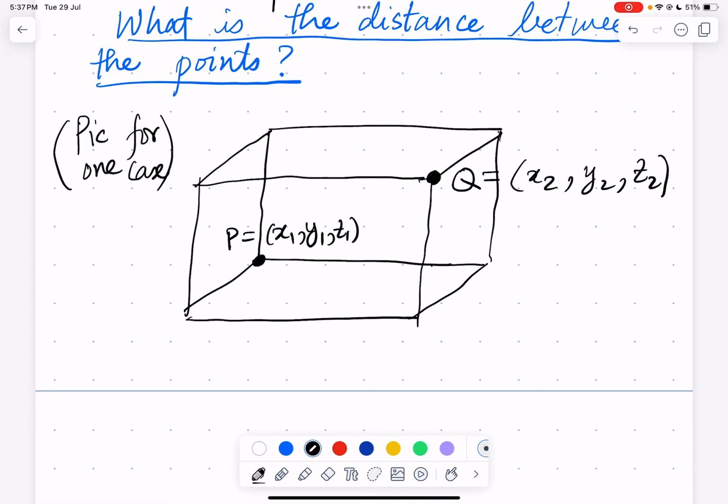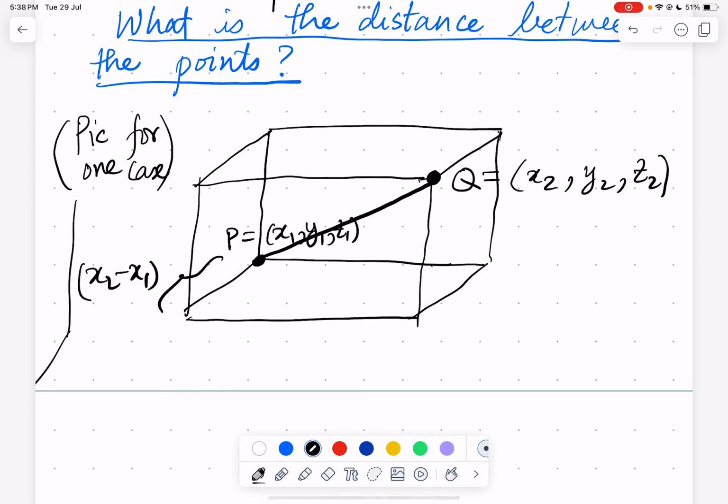And so what is the distance between these 2 points? That is the question. Note that the side lengths of this cuboid are known. For example, in this picture, this side length is x2 minus x1, right? Suppose the coordinate axes are also aligned like this. These are the coordinate axes, which I am not drawing.